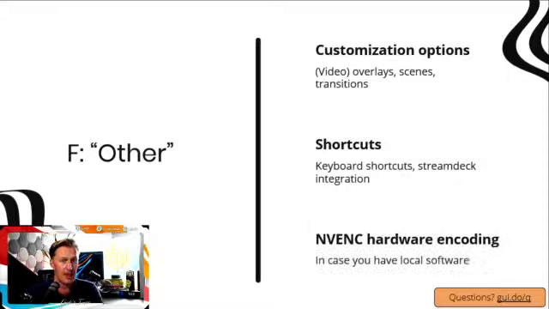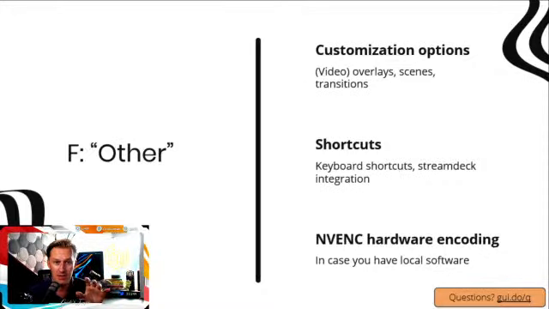And the last one only applies to local tools and only to Windows machines. If you have NVENC hardware encoding, some tools support this, some don't. If you don't have it, don't mind, it's fine.